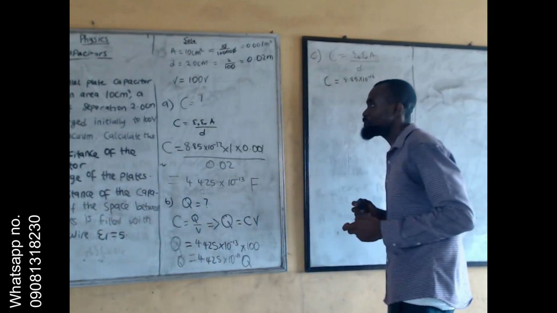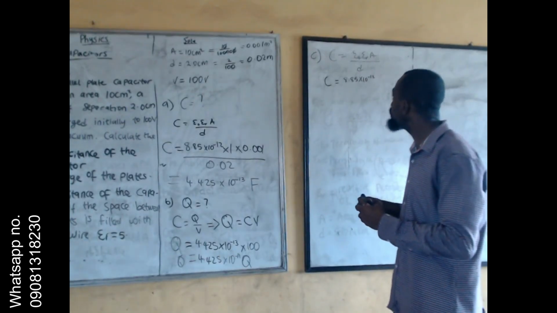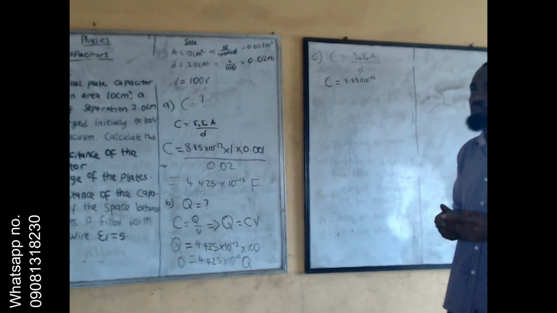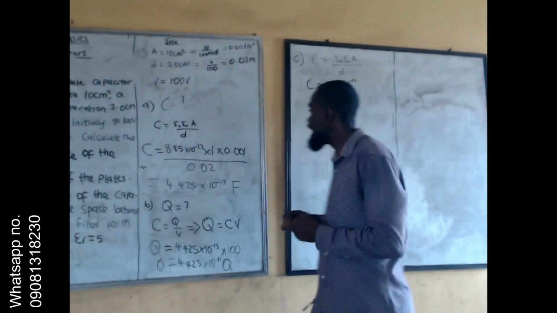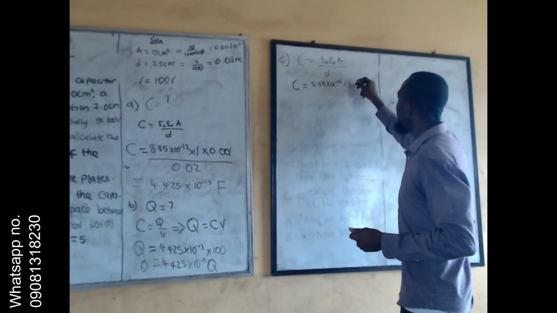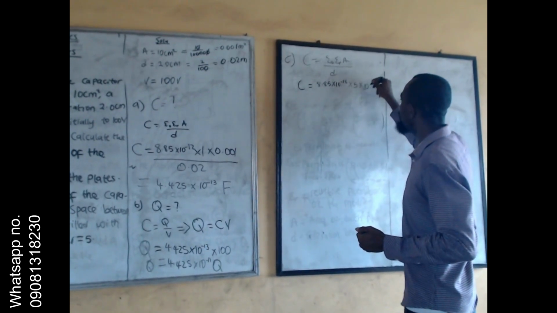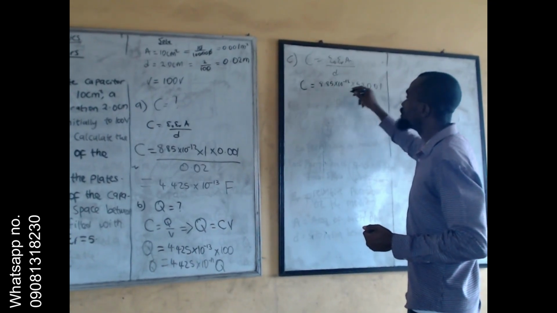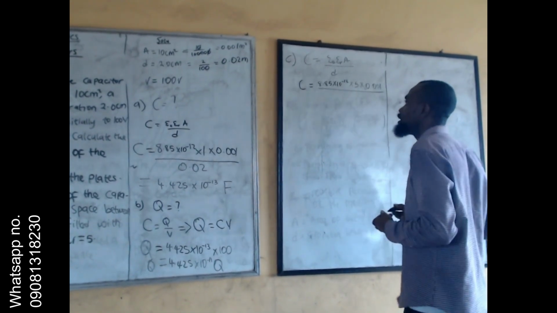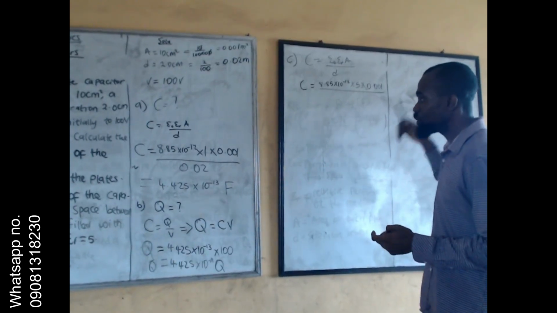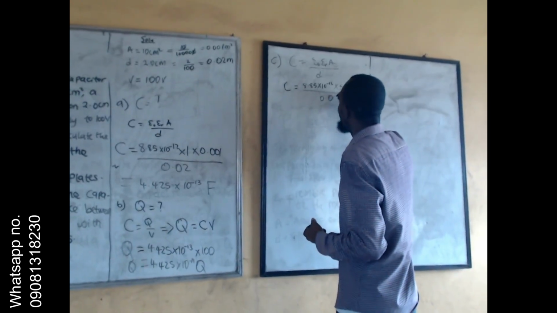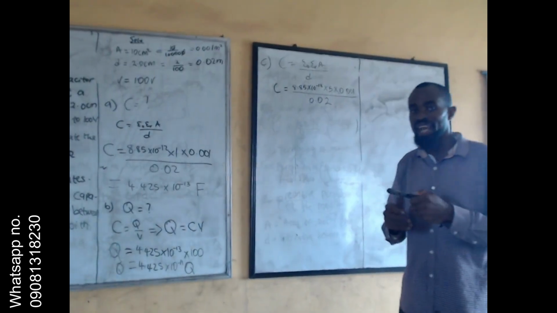This time the relative permittivity, the ratio of the permittivity of the material to that of a vacuum, is 5. The area still remains 0.001 and the distance has not changed, 0.02.